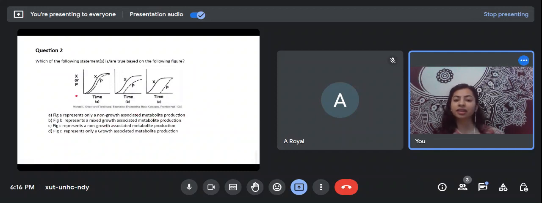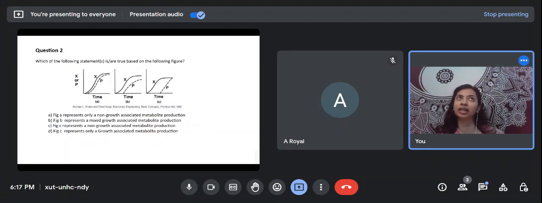Growth associated metabolite production means that with respect to an increase in growth, you will see a directly proportional growth of the metabolite also. And in non-growth associated metabolite production, you will see that the metabolite being produced is not exactly related, proportionally, to the growth.